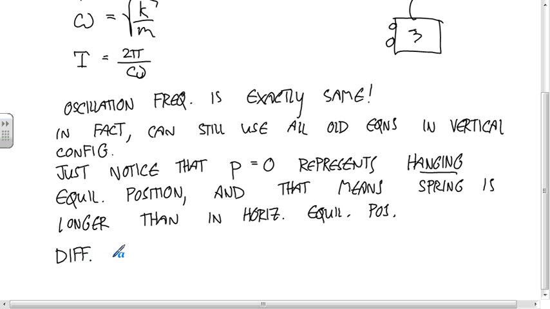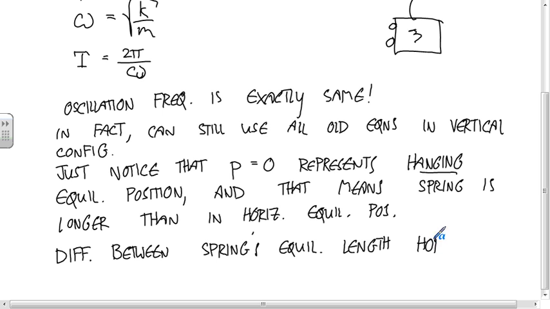And the difference between the spring's equilibrium length, horizontal versus vertical, is mg over k.